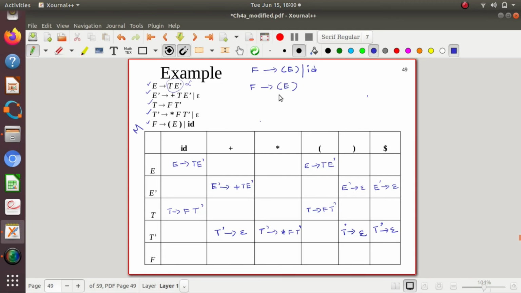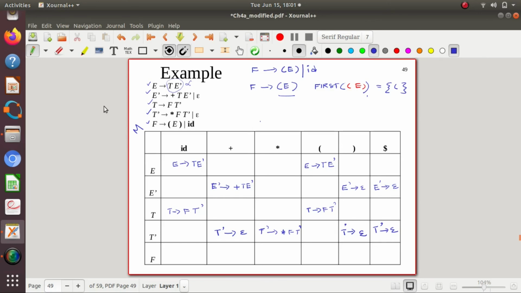So in this case alpha, this is this part, so we have to compute first of this one, E. So this is same as this one.